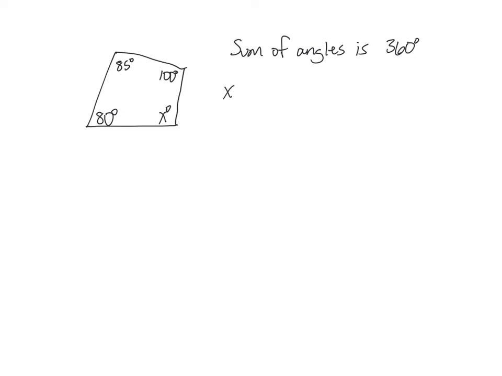Well, if I do x, and I usually put the variable first, but you don't have to. And then I add 80, and then I add 85, and then I add 100. All that is going to equal 360. So there's no parentheses, but I can combine like terms on the same side. All these numbers are like terms.